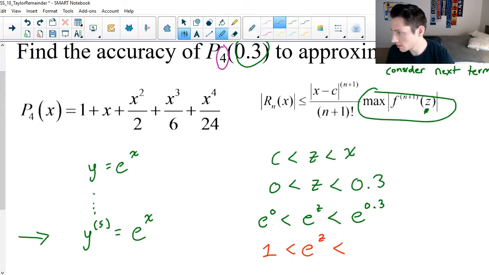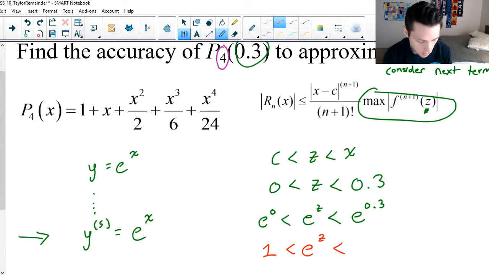e to the 0.3, we do have the ability to type into a calculator and get the actual answer. But the whole goal of this is saying we're trying to approximate because for whatever reason we couldn't actually do that. So we want to do this maximum part without using the function that we're trying to approximate.